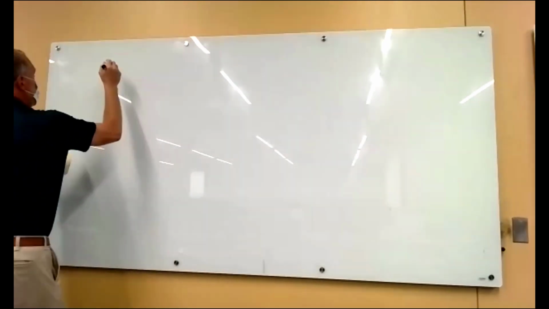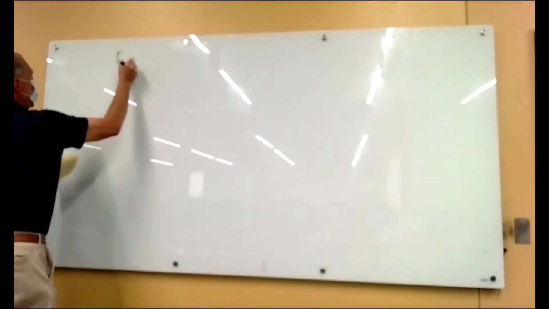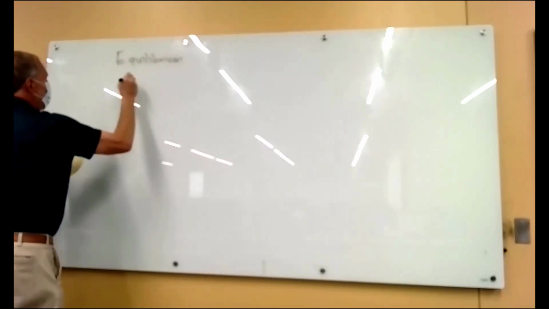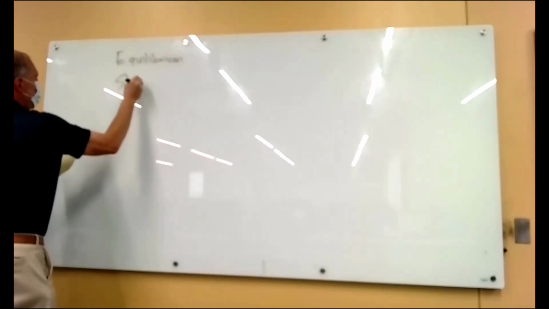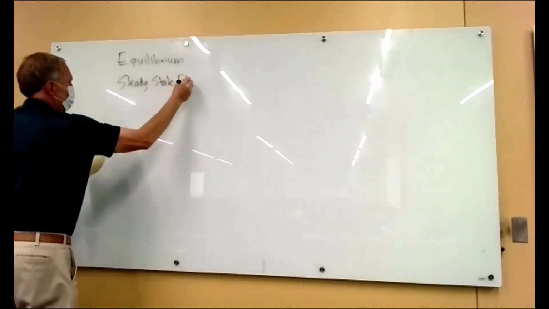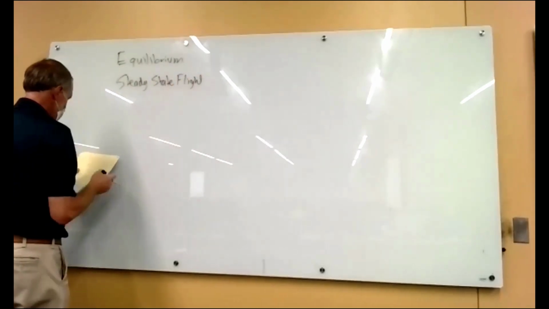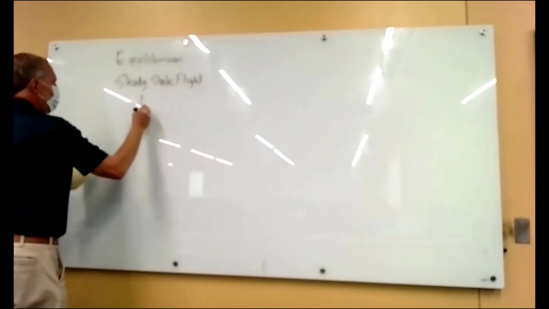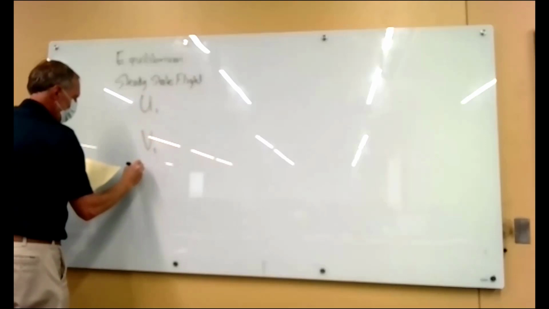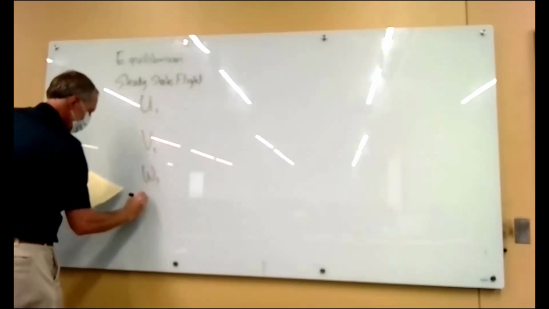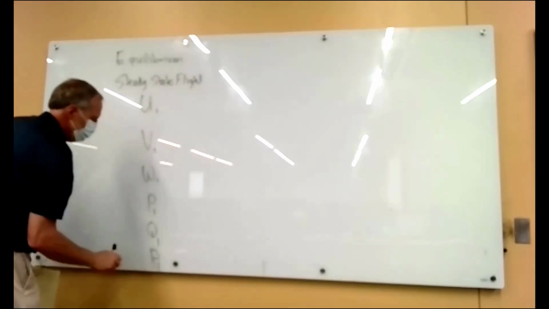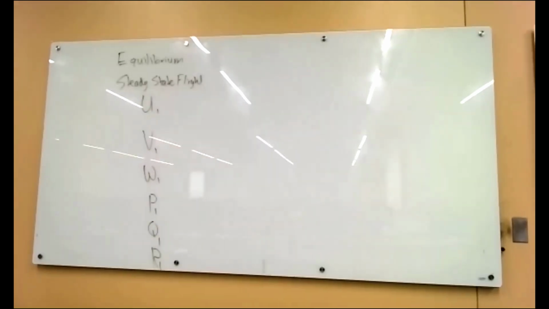The key thing is you always start out with an equilibrium, which we call steady state flight. So we say, okay, here's our forward velocity, our side velocity, our vertical velocity, P, Q, and R. So that's the steady state flight.